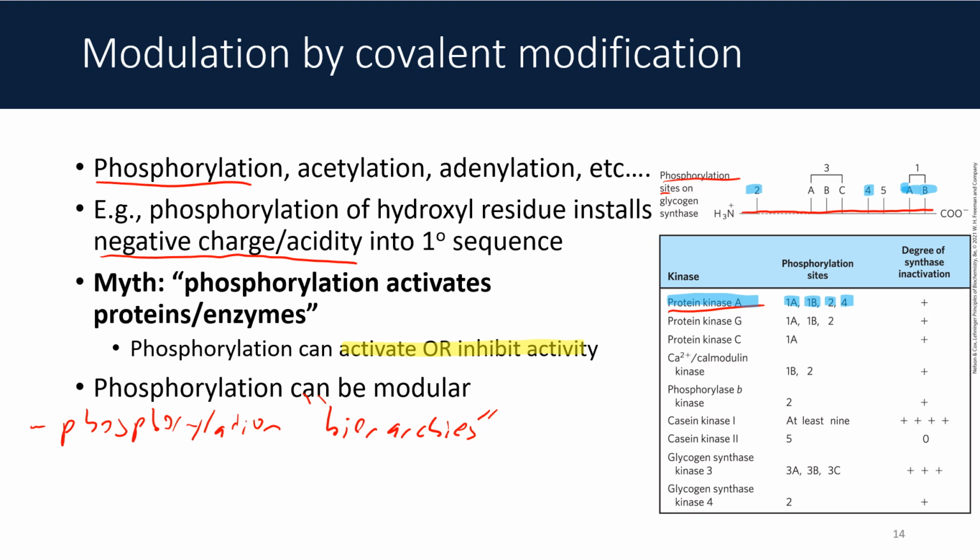Now compare this to something like glycogen synthase kinase 3, which can phosphorylate sites 3A, 3B, and 3C all over here.